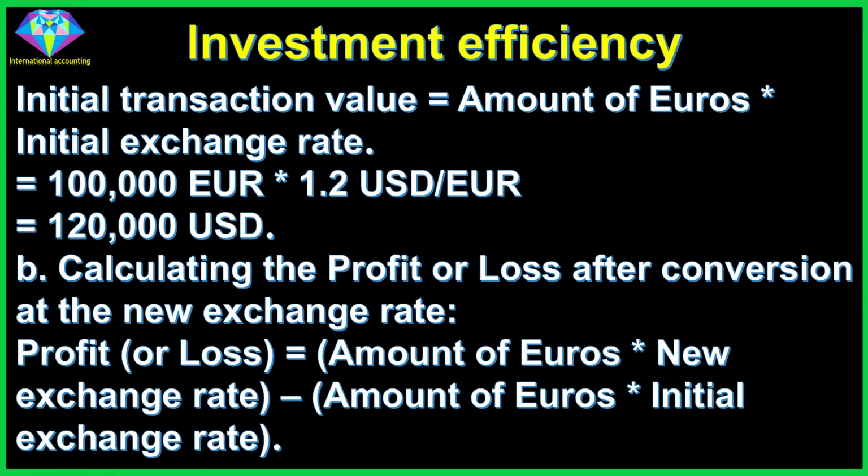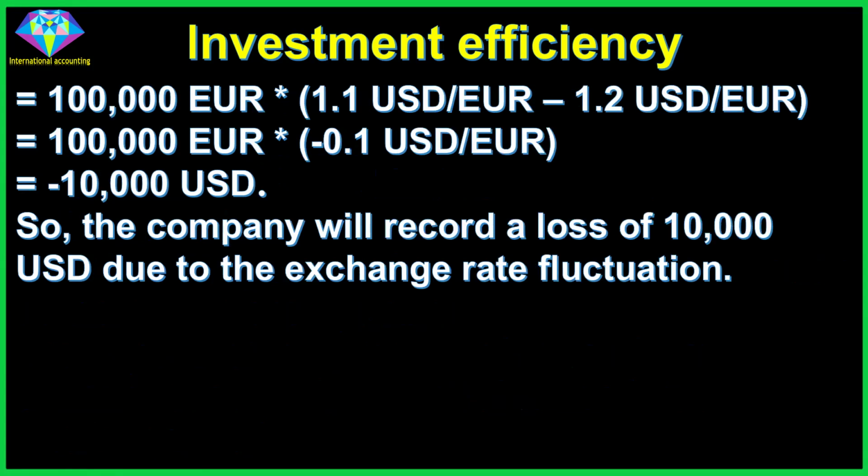B. Calculating the profit or loss after conversion at the new exchange rate. Profit, or loss, equals amount of euros multiplied by new exchange rate, minus amount of euros multiplied by initial exchange rate, equals 100,000 euros multiplied by (1 United States dollar and 10 cents per EUR minus 1 United States dollar and 20 cents per EUR), equals 100,000 euros multiplied by minus 10 United States cents per EUR, equals minus 10,000 United States dollars.